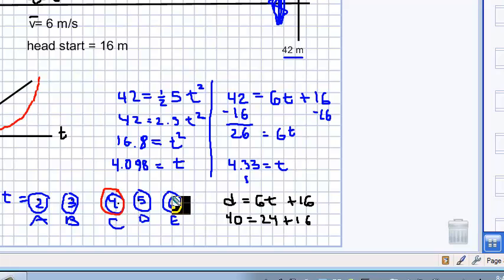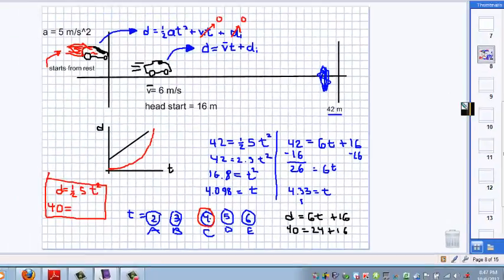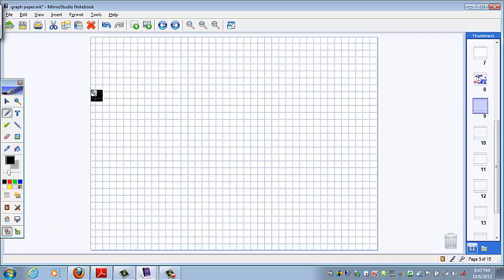It's legit. If you wanted to be a little bit more of a purist, you would set this D equal to that D, and you'd end up with an equation that looks like 1/2 times 5t squared, that's for our accelerator, equals 6t plus 16.